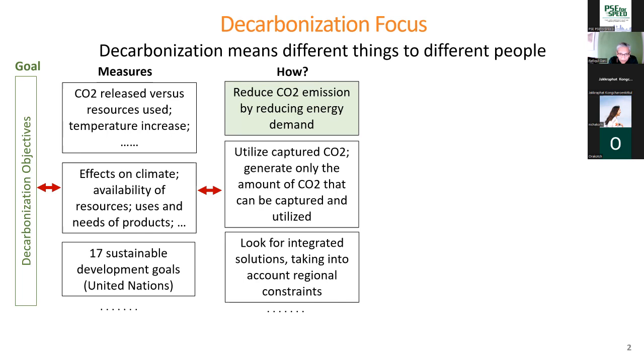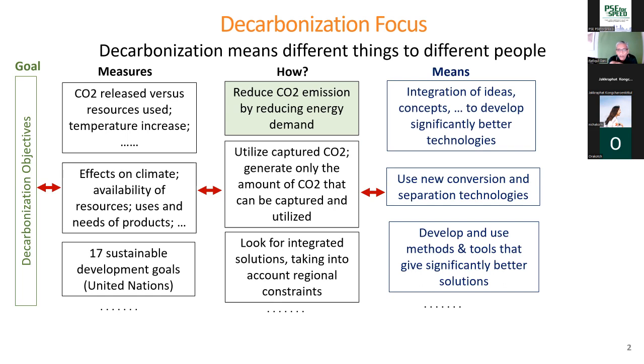Utilize captured CO2, generate only the amount of CO2 that can be captured and utilized. Look for integrated solutions, taking into account regional constraints. Integrated solutions meaning power, water, process, everything together. And there can be many other ways to achieve decarbonization.